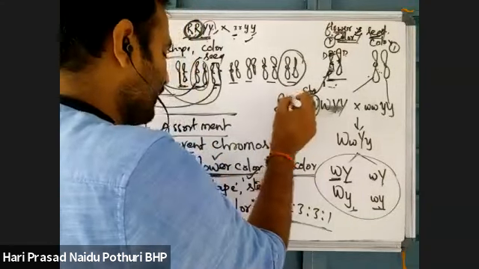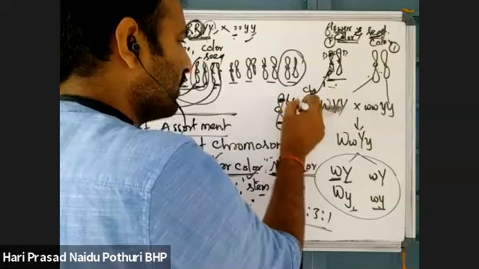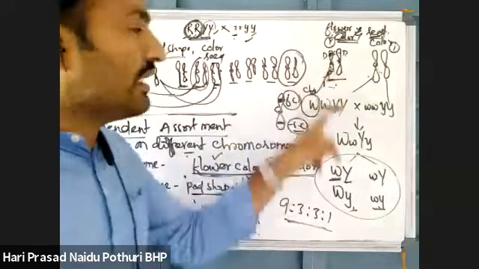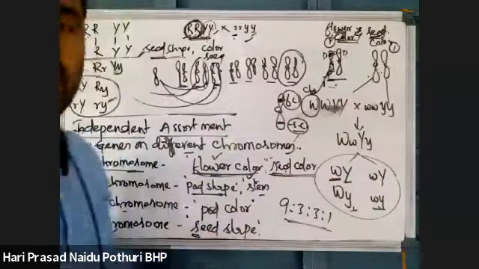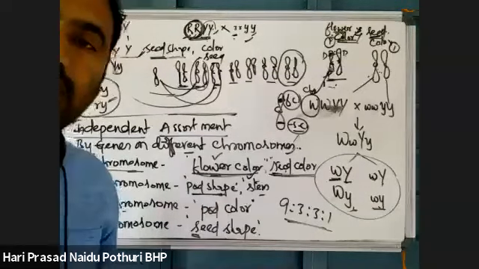Suppose this is the character for flower color, this is the character for seed color. A single chromosome carrying two characters means during gamete formation there is no 50% segregation, or independent assortment is not possible.